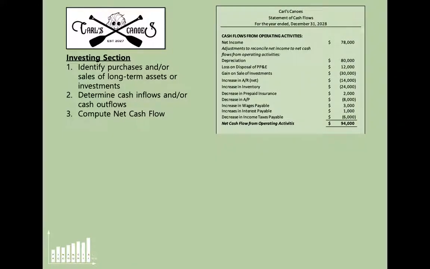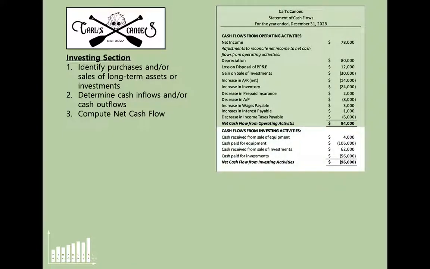So, the second section of our cash flow statement is put together very much like what we just walked through. The cash flows from investing activities section will list the cash we received and the cash we paid for long-term investment purchases or sales.